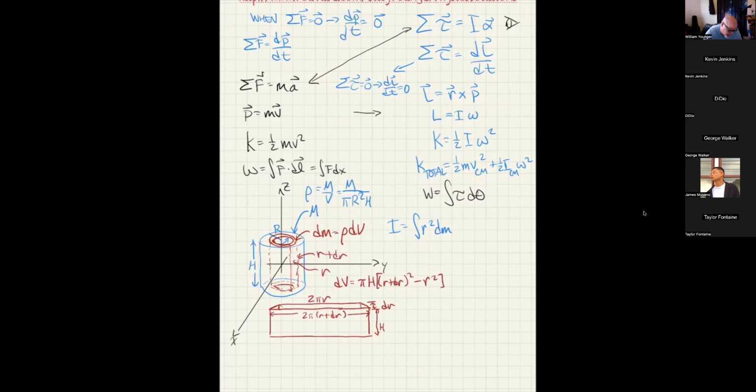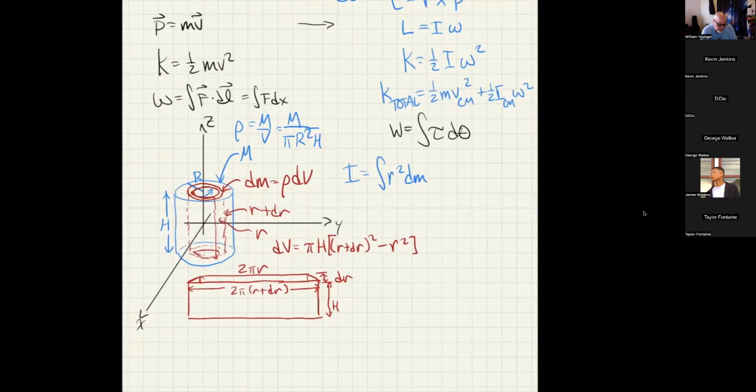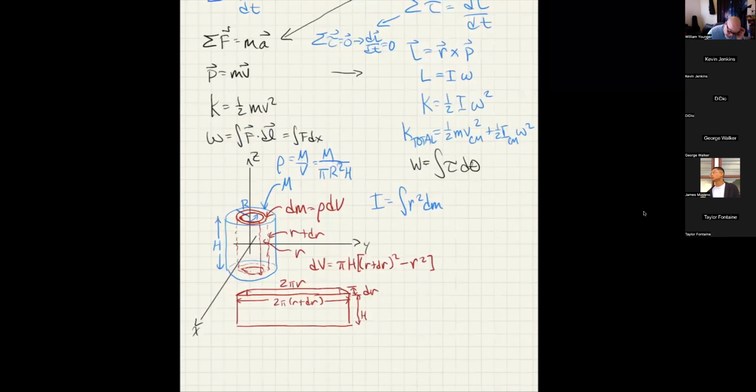That's really what we're talking about here. If you took time to do that, what you'd see is that if you ignore terms of the order of dr squared or dr cubed, the volume dv is approximately equal to 2 pi r h times dr. And that's what we're going to use.